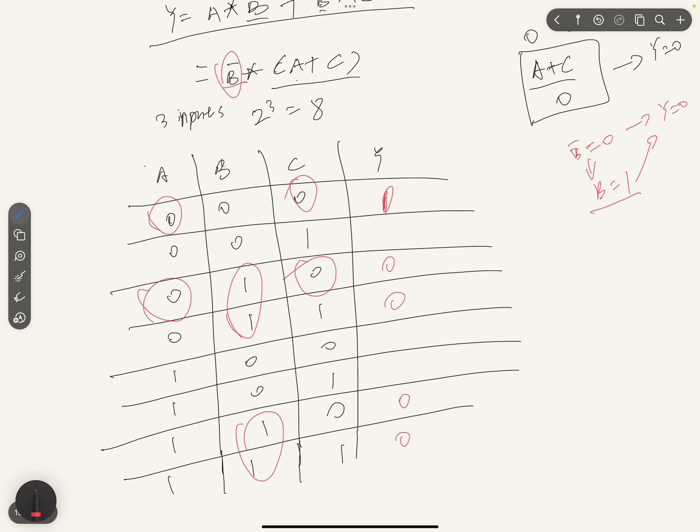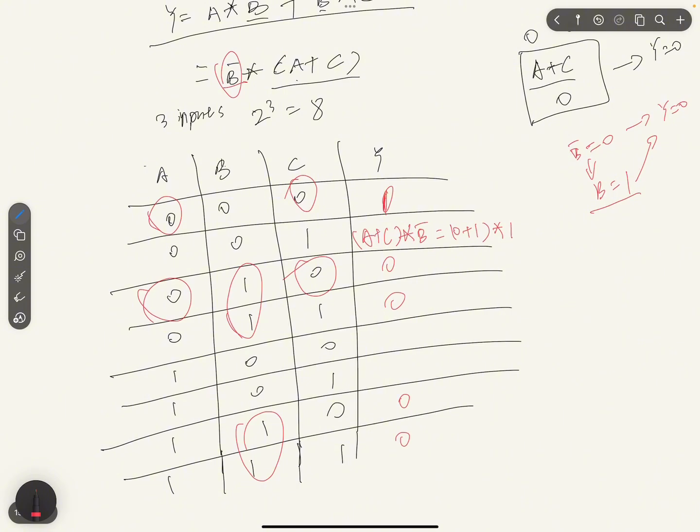And then for the rest, we just need to work out the 1s. Let's see. We have 0, 0, 1. So when A is 0, C is 1. So 0 plus 1, which is A plus C, times B bar.